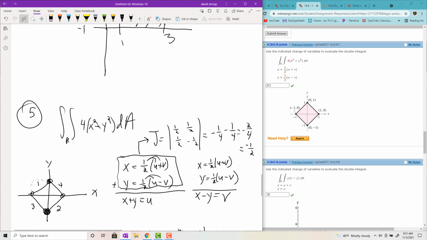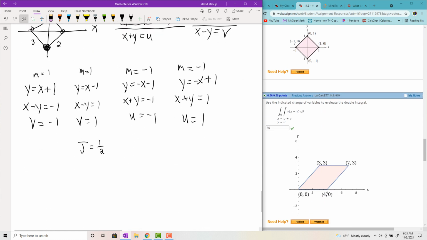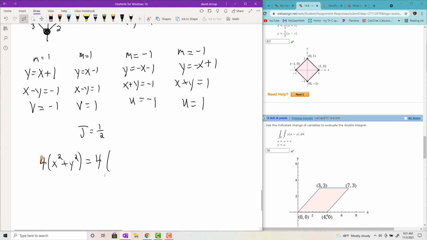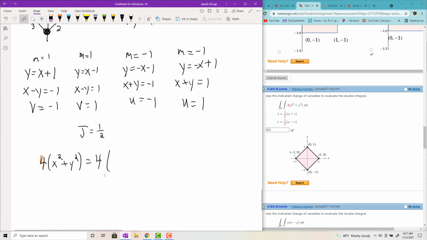I still need to convert this material. So there's just so much to do, it's not even funny. So what do I have? 4 times x squared plus y squared, which isn't as bad as it seems. Let me look to the right here to get my x and y.